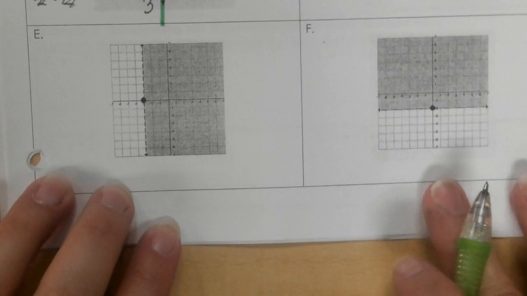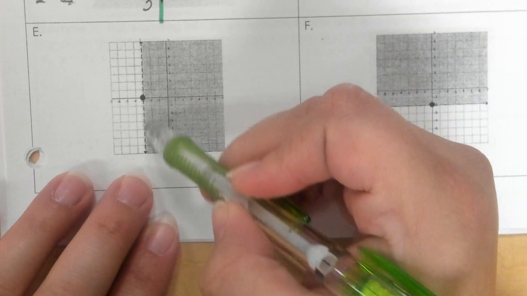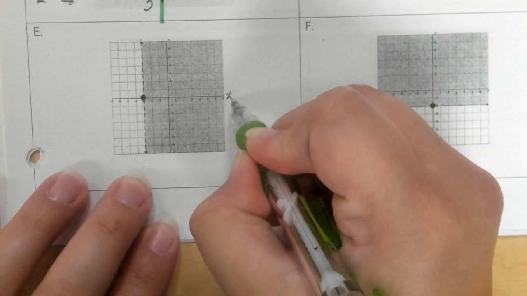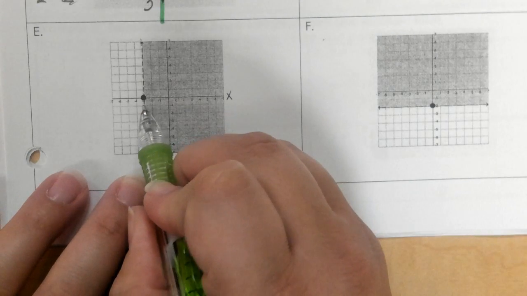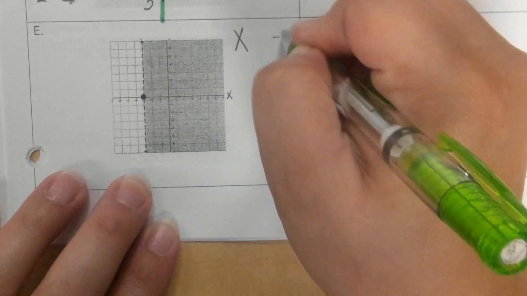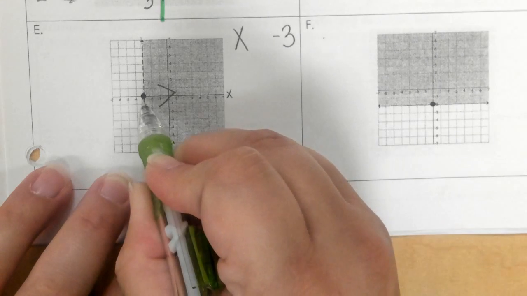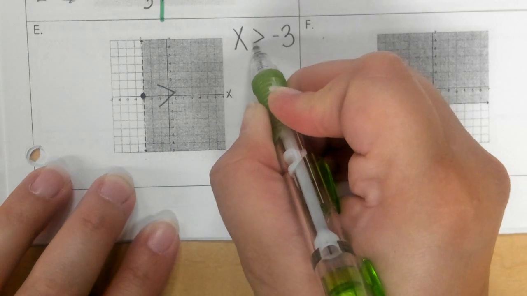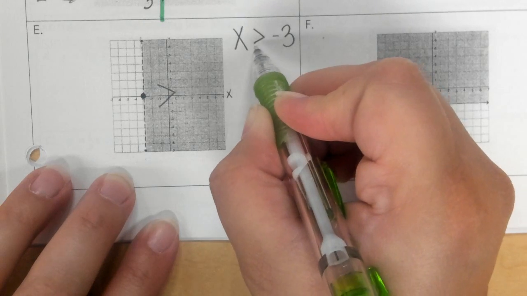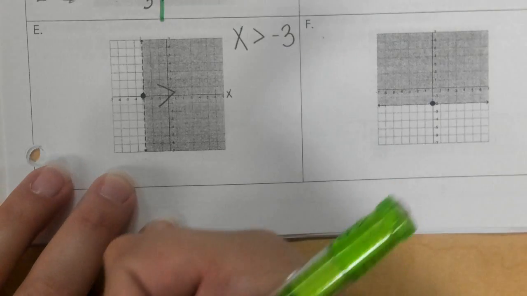Okay, and then the last two, just horizontal and vertical lines. So this line is going up and down on the x-axis at negative 3. Okay, now the shading is going this direction from the line, so I'm actually just going to use that same symbol, and I don't have the equal to part because it's a dashed line.